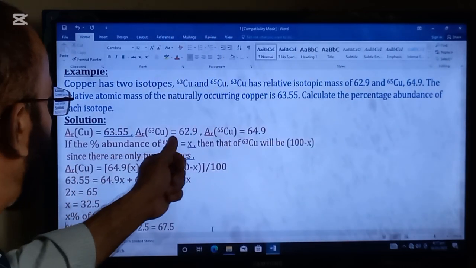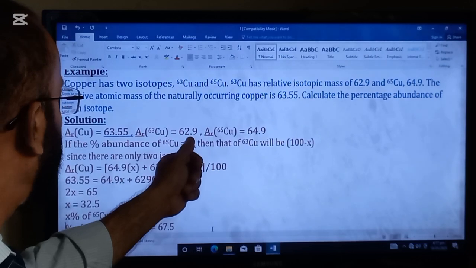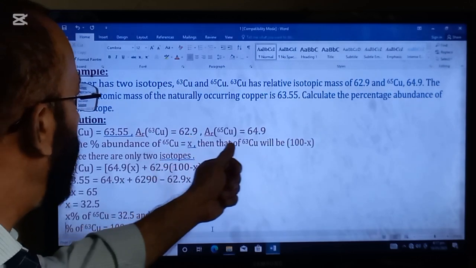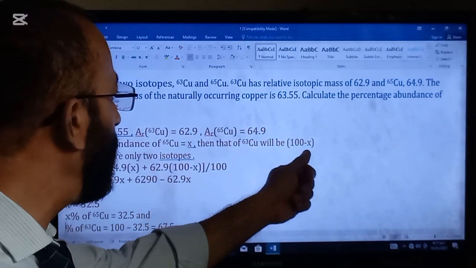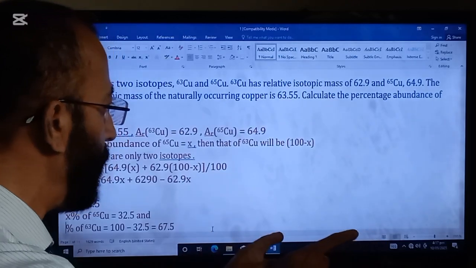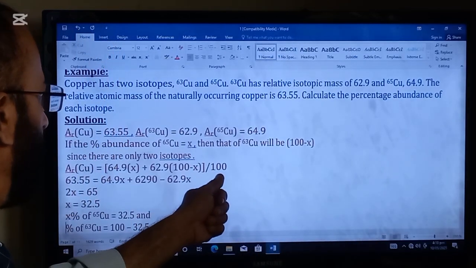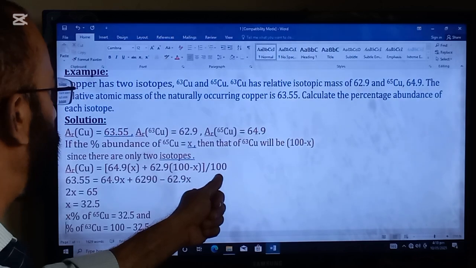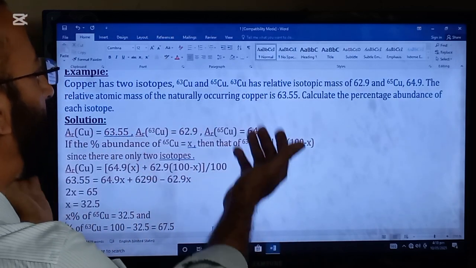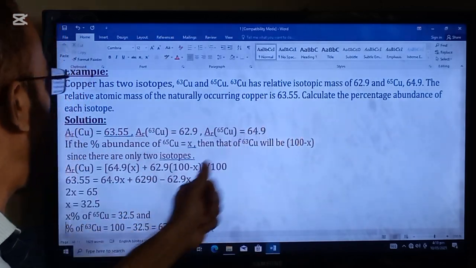Multiply 62.9 with 100 minus X and 64.9 with X, close it into the bracket, whole divided by 100, which should be equal to the relative atomic mass of copper, that is 63.55.